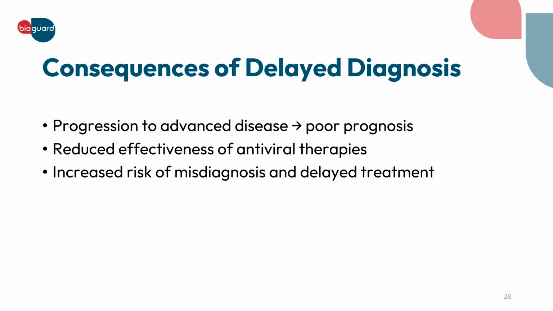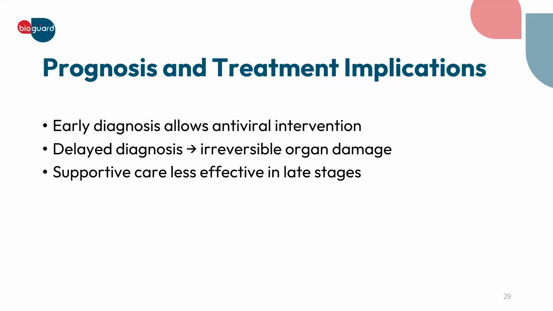So at that point, if antiviral therapies are given to the cat, it will prolong the treatment process, and also it will increase the risk of misdiagnosis as well. So more delay in the diagnosis, and multiple infection sites in the cat, will be more risk of a fatal situation in the cat.